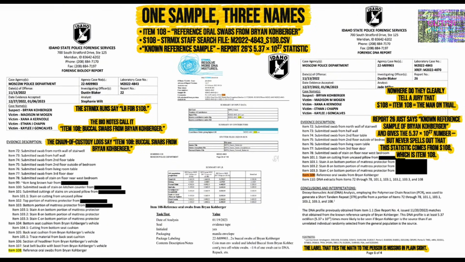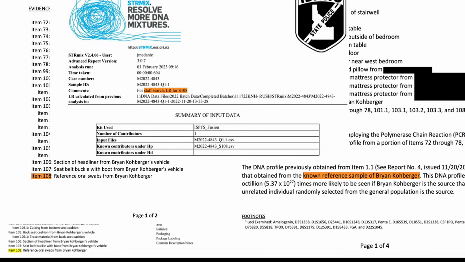If the state wants the jury to rely on the number, the state has to show plainly who the known reference is in software terms and how item 108 becomes S108 becomes that number. Renaming it isn't misconduct. Software uses internal IDs all the time.